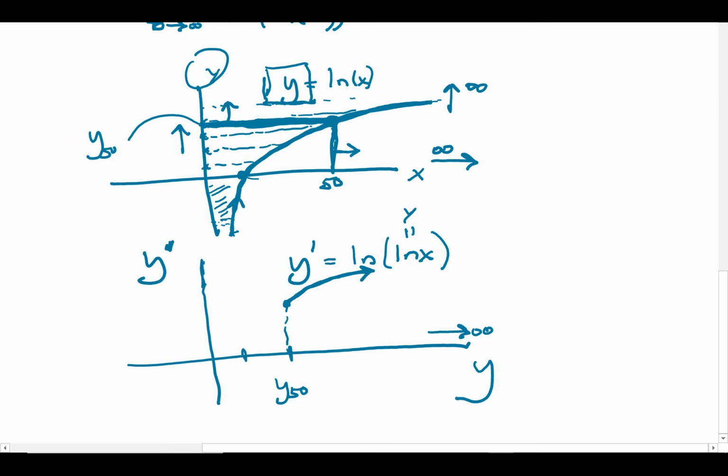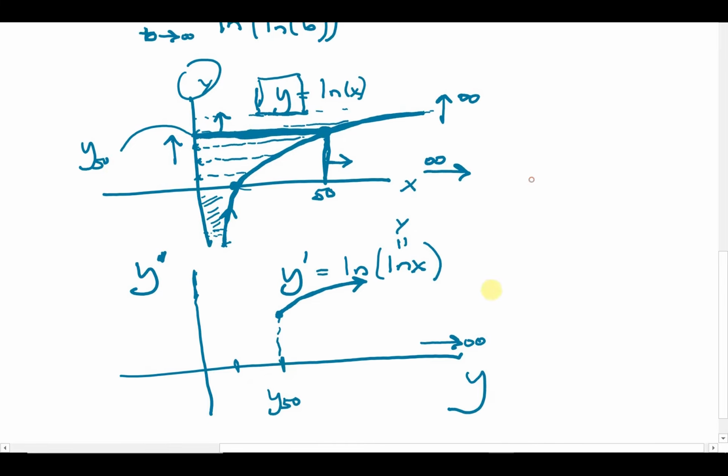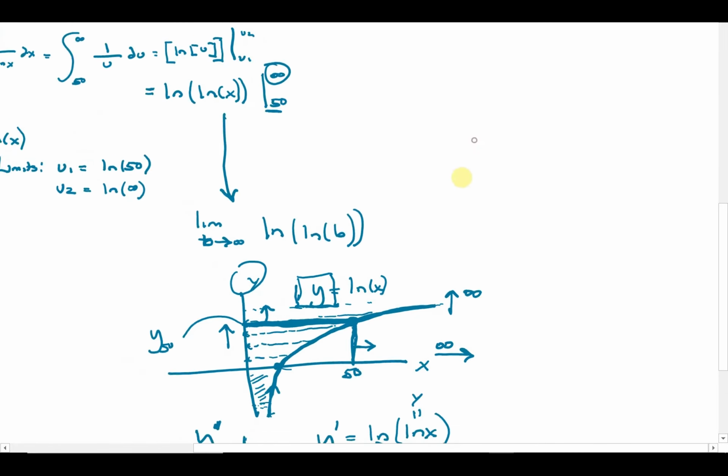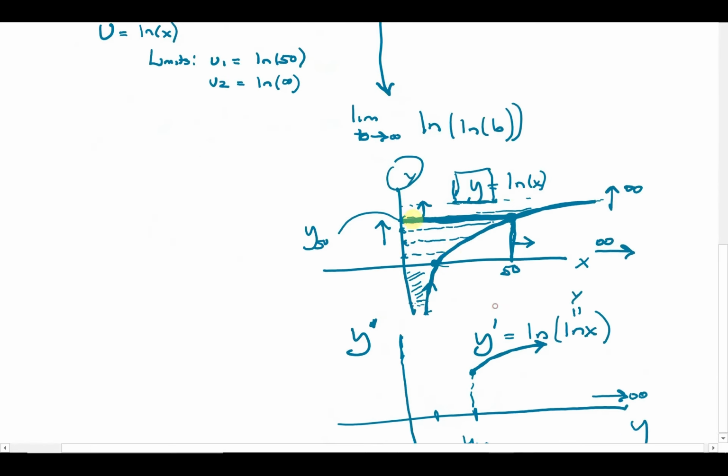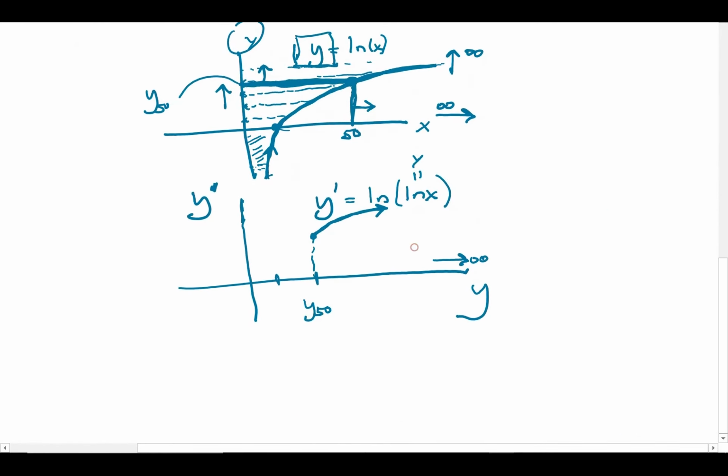We start with ln 50, that's our lower limit. And then we'll keep going towards infinity. So it follows the same function as ln x.